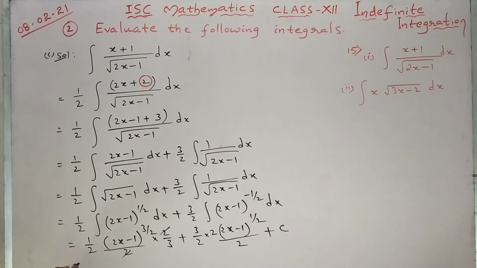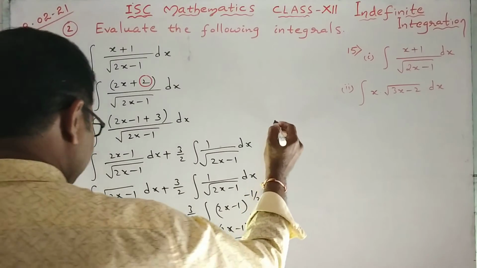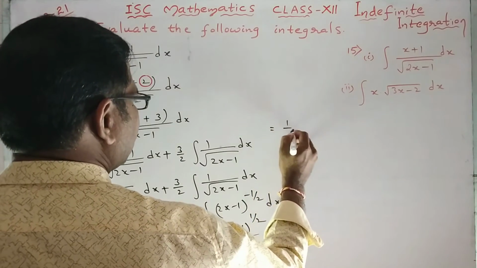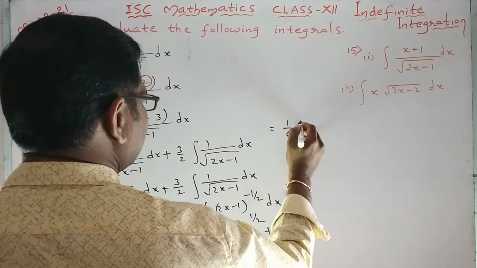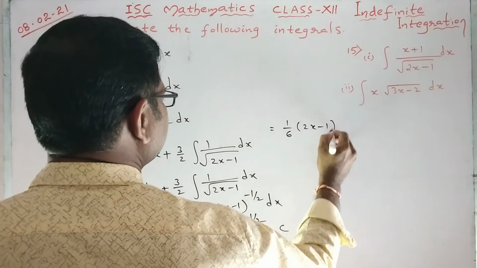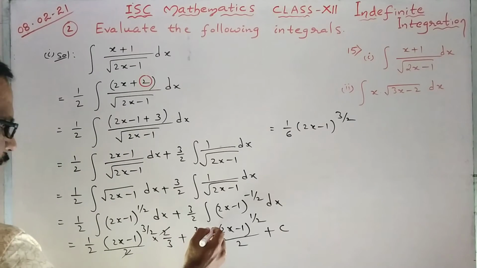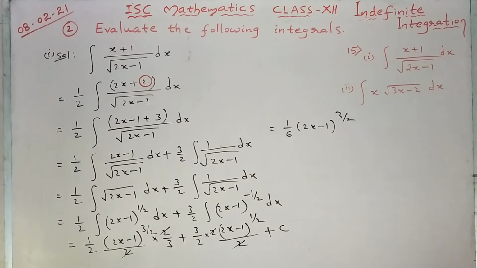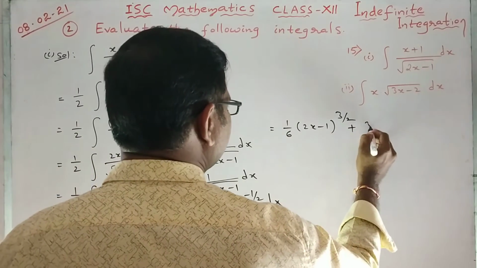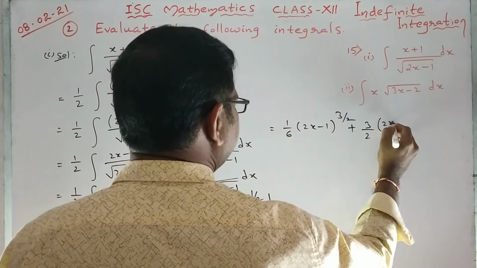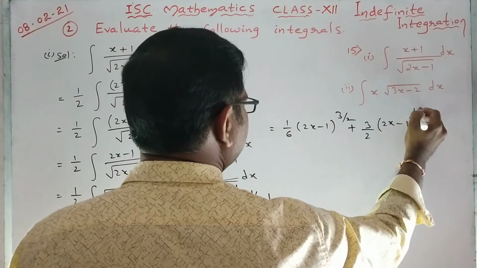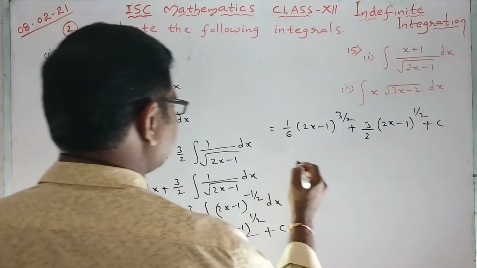So 2 gets cancelled. So the answer is 1 by 6 of (2x minus 1) whole power 3 by 2. Here also 2 gets cancelled. Then here plus 3 by 2 into (2x minus 1) whole power half plus c.